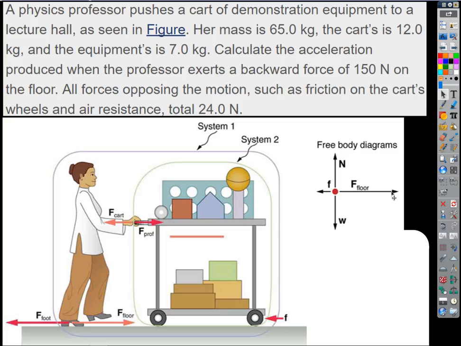We've got the pushing force, the floor pushing on the system, on the professor who's part of the system, pushing forward. And then we've got these vertical forces, normal force and weight, that just balance out and don't do anything. We don't need to worry about those if we're calculating acceleration, because the acceleration is all horizontal. Okay? Question?